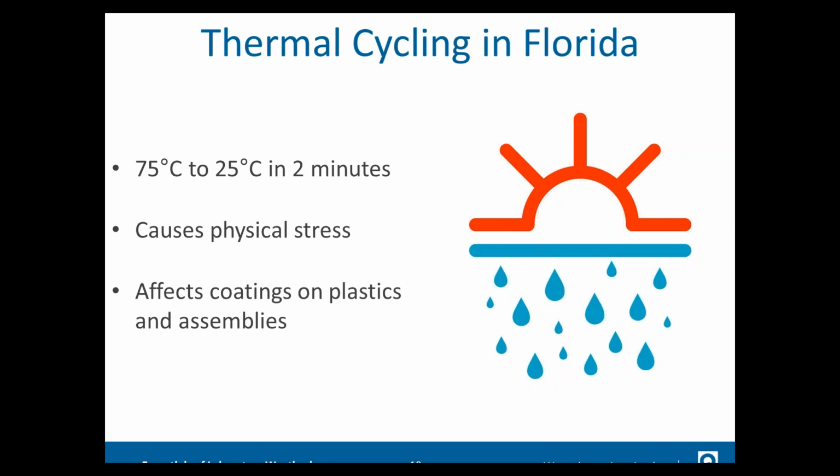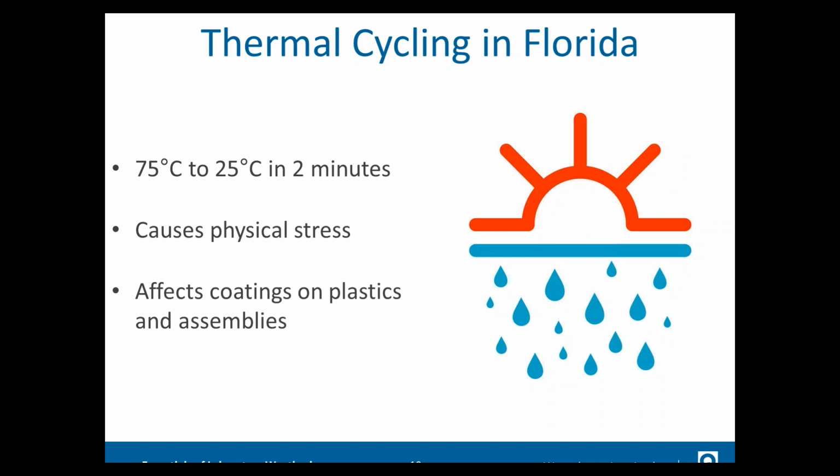To give, again, going back to realistic scenarios, thermal cycling is a real problem, particularly in Florida. If you're in the middle of the summer, hot day, and you have, say, a dark colored material, those can get very hot. It's not unusual for those materials to get up to 75 degrees Celsius. And almost every day in Florida, that might be an exaggeration.